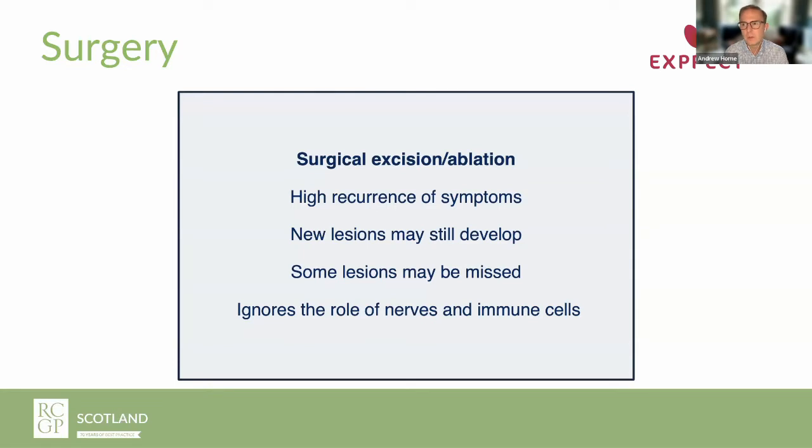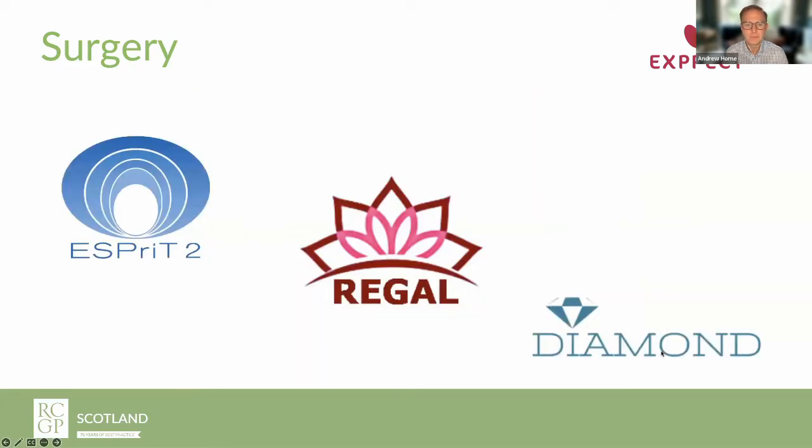And we don't really know whether this is due to the fact that new lesions have developed or whether lesions may have been missed at the time of the surgery, but I think it's probably because we don't really fully understand the mechanisms behind endometriosis associated pain, and ignores the role of the central nervous system and the peripheral nervous system, and for example the immune cells that are involved in generating pain.